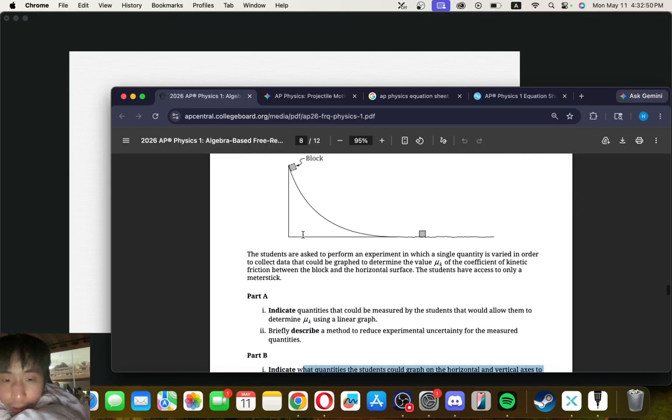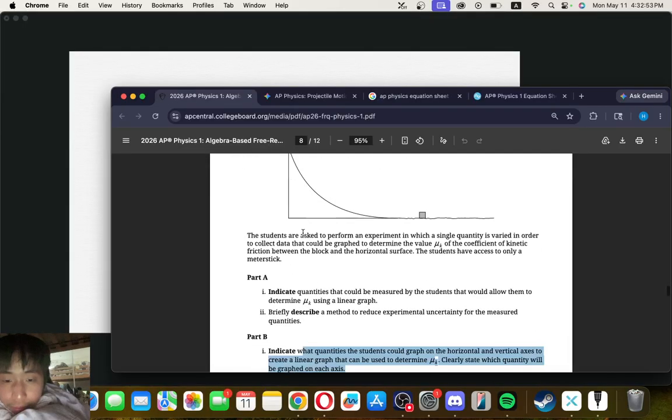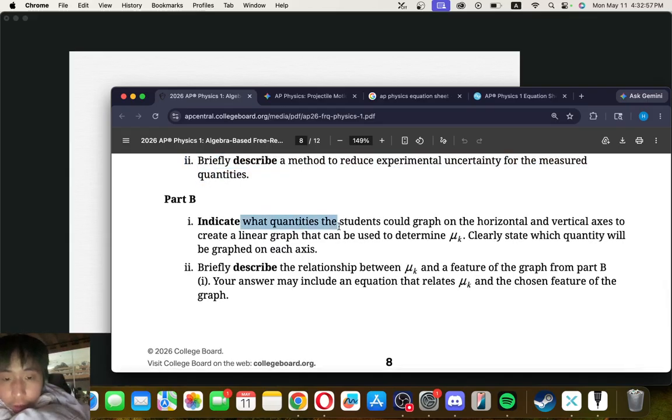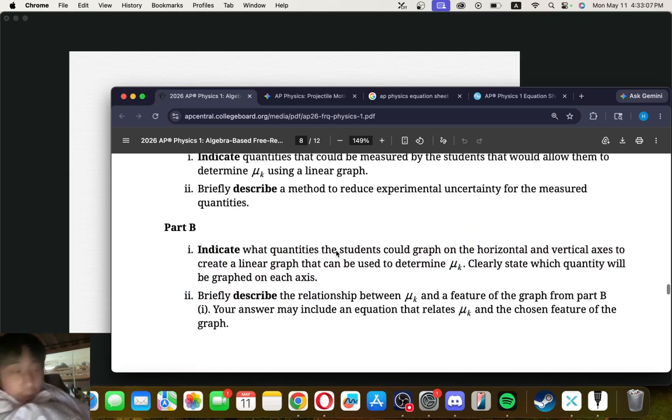Wait, is this actually a lab? Okay, yeah, it is. Indicate what quantities to graph to get a linear line to determine mu k. So it probably wants slope. Like I said, 2gh. So you probably want to graph height, mass, maybe 2gh and distance.